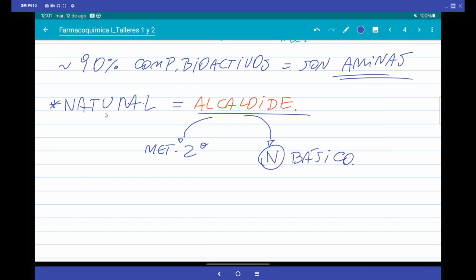Well then, amines can be primary, secondary, or tertiary. We could have, for example, this amine, where A is the rest of the molecule. Primary amine. We can have a secondary amine, or we can have a tertiary amine.